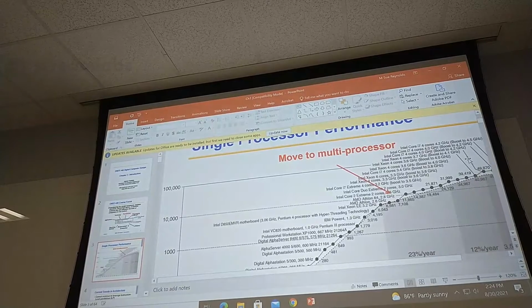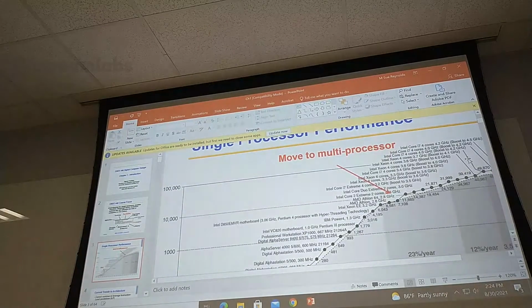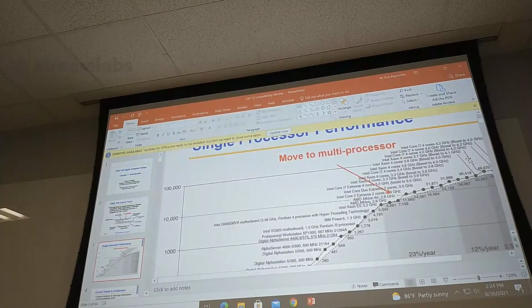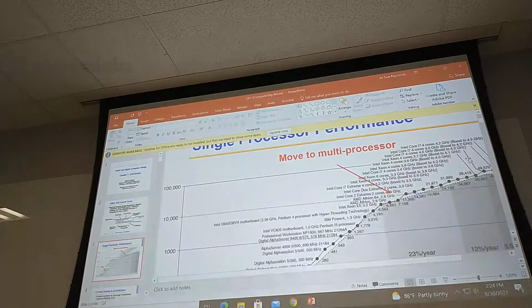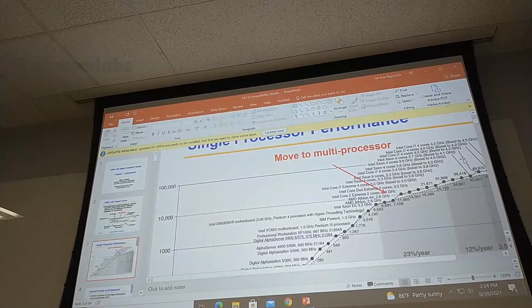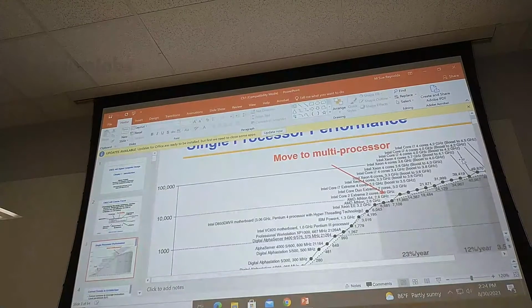So let's say today we have 100 billion transistors in a single chip. We need to have some idea where things would be 4 years later in order to do a good design.